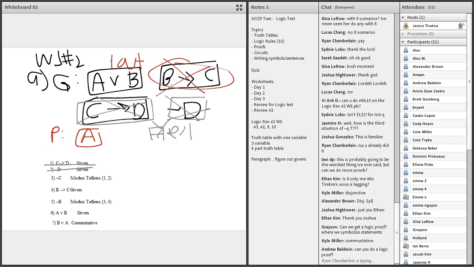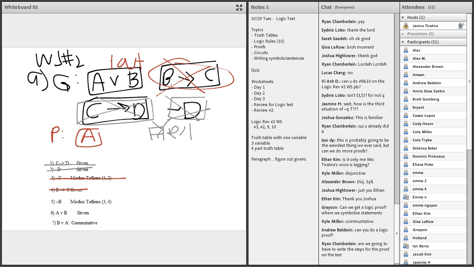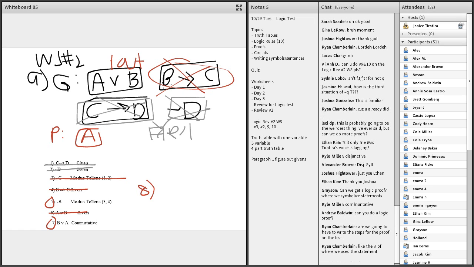So now let me cross out what we don't need anymore, okay? So we don't need number 3 anymore. We're done. We don't need number 4. We don't need number 6. We are only looking at 5 and 7. So number 8, because you're given two choices, right? 7 says choose B or A. However, 5 says don't choose B. That means you must choose the other option, which is, why did I say C?